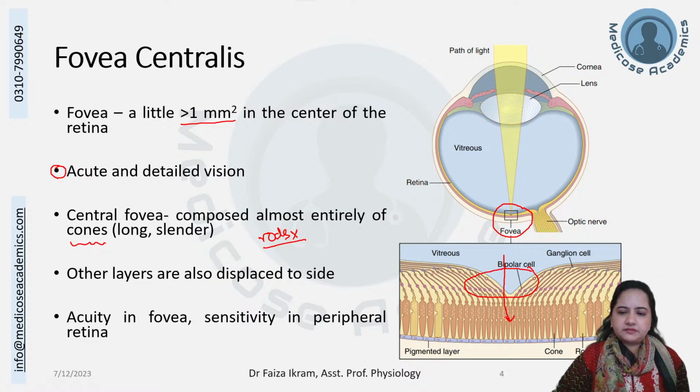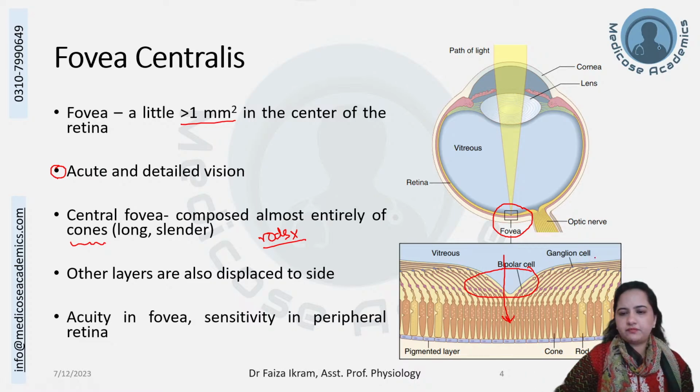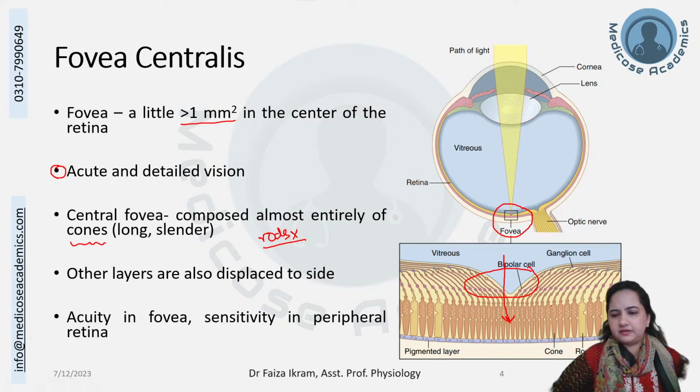Maximum visual acuity is found within the fovea centralis, but it has very low sensitivity to dim light. It will respond very well to bright illumination, but sensitivity is less. Sensitivity increases as we move towards the periphery, because towards the periphery, the number of rods increases and the number of cones decreases.